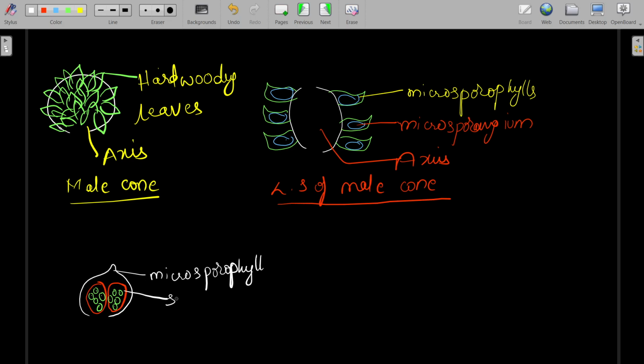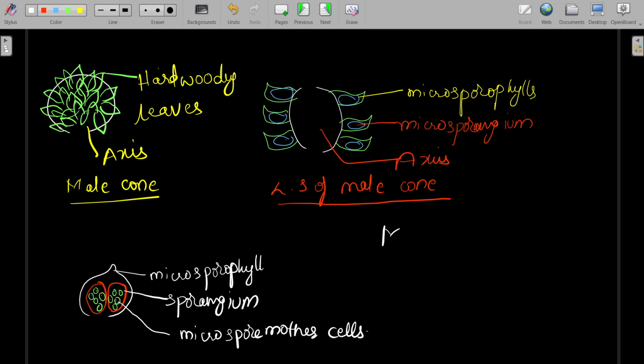This is the sporangium, and these are microspore mother cells. These microspore mother cells, let's say MMC, produce microspores.